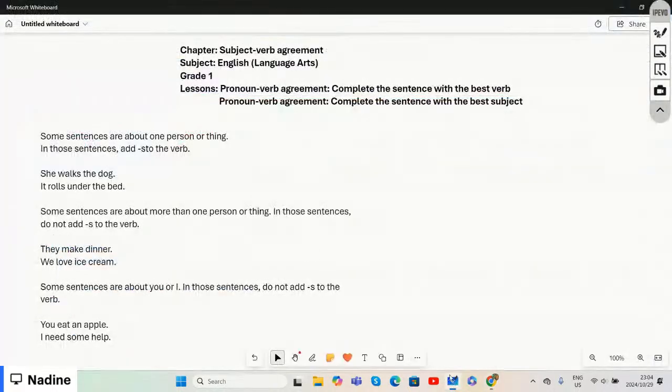So our chapter is subject verb agreement, our subject is English language arts, and we're doing grade 1.